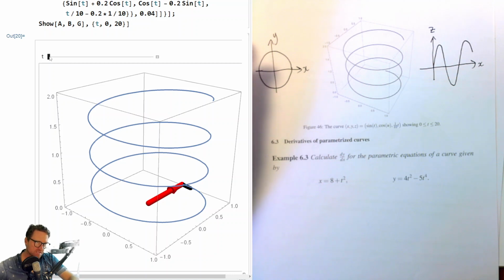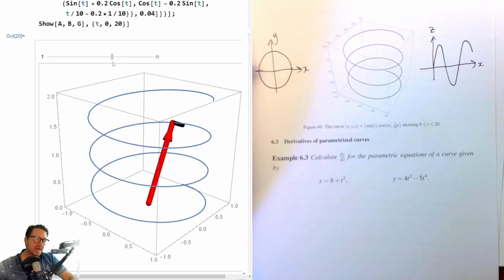As I change the parameter t, I'm changing that vector. The vector's from the origin to a point on the curve, so that is r. Now what's the little black thing? Well, that's an arrow. That is r dash. Or actually, I've got some multiple of r dash.